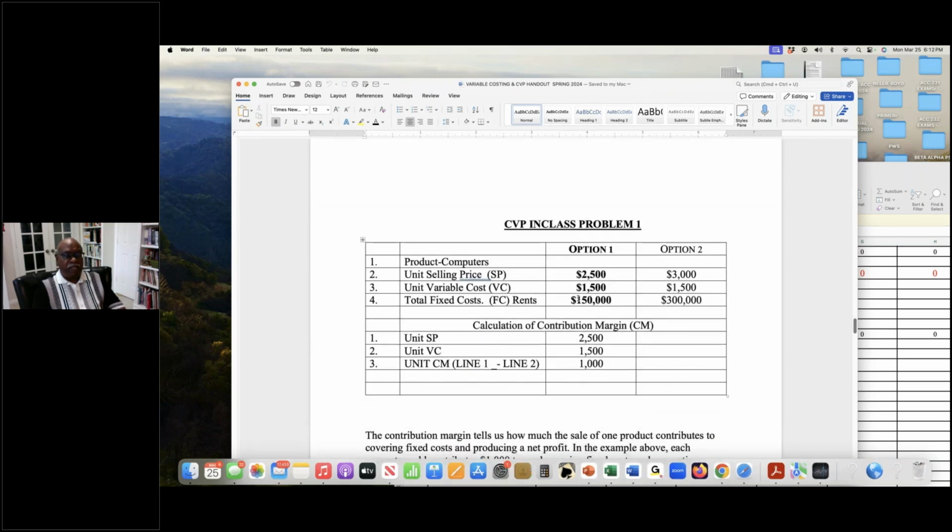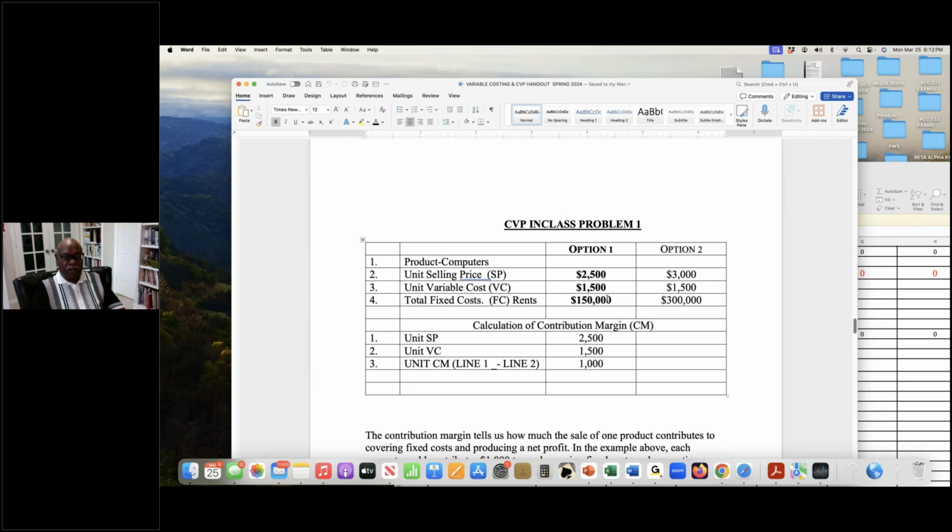And I gave you this first option, option 1. We had a selling price of $2,500, a variable cost of 1,500. We're selling computers, and our fixed cost was 150,000.